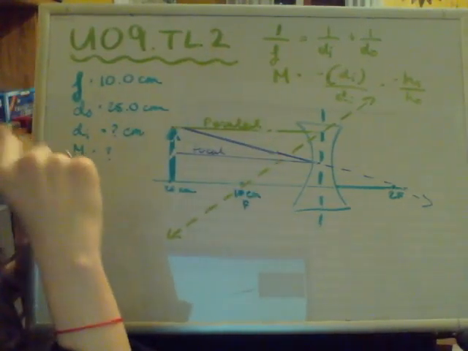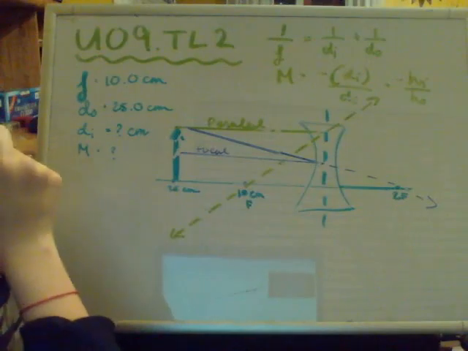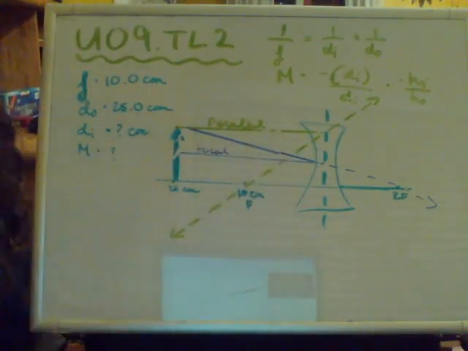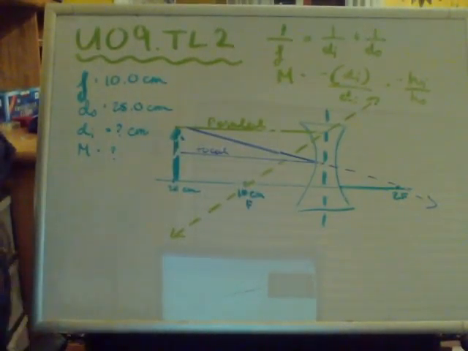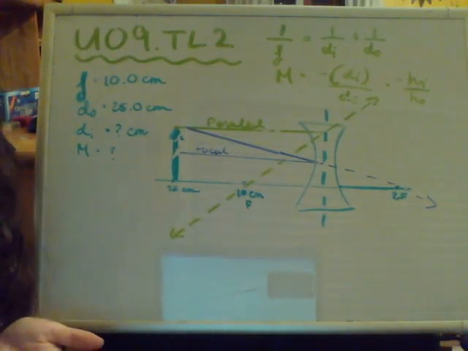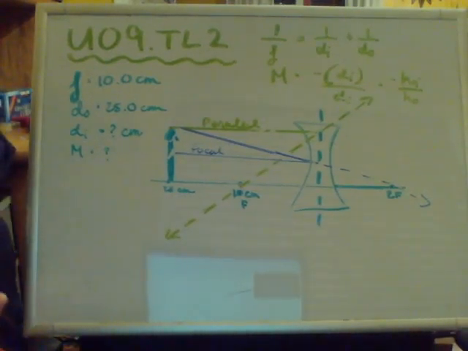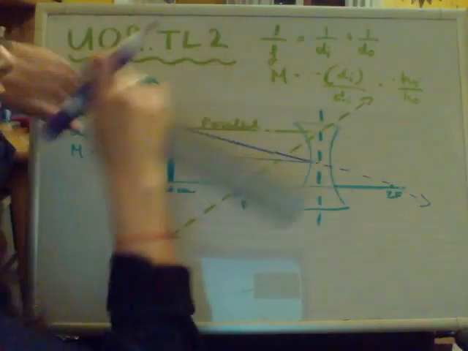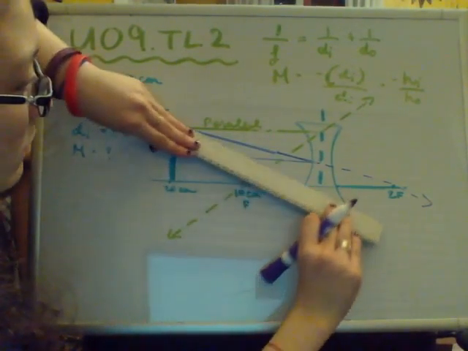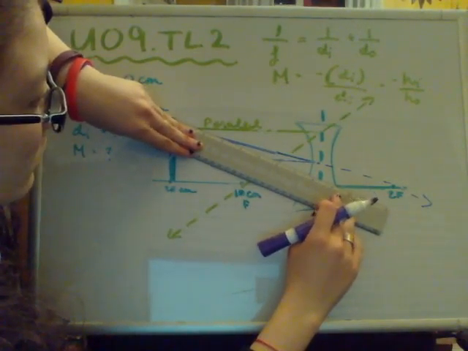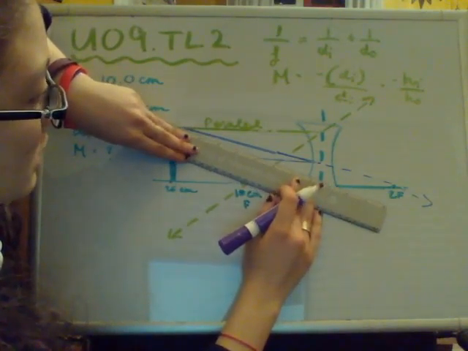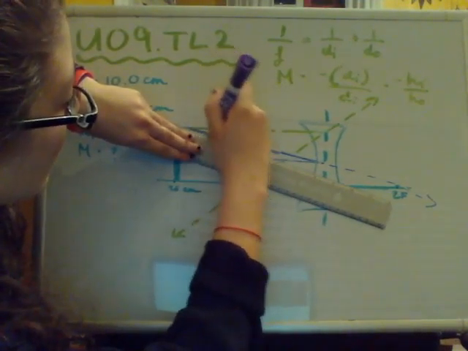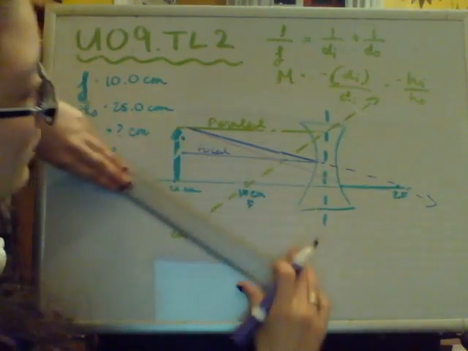And then you have your point of intersection, but you can also have a central ray. You don't need one, but it would help, just so you make sure that you have the right intersecting point. So it's going to go through the center of the lens, going like that.